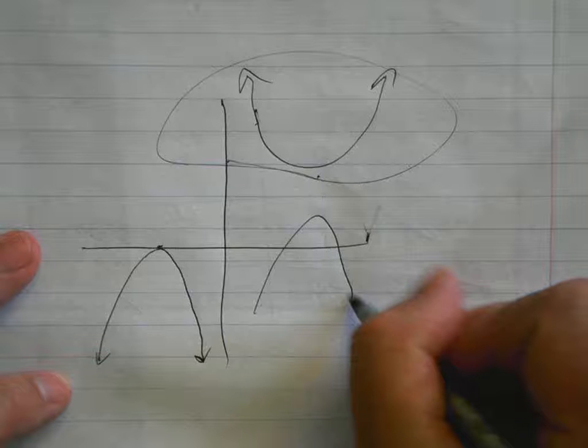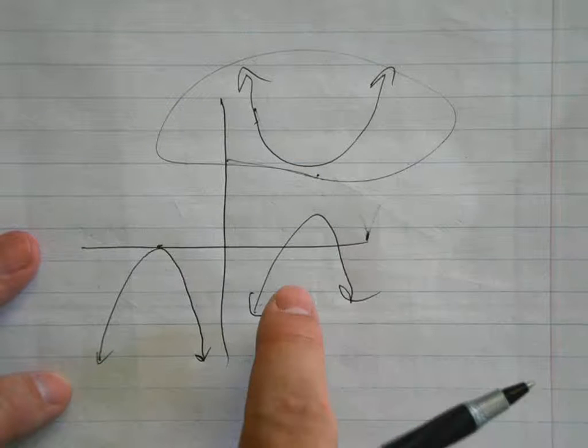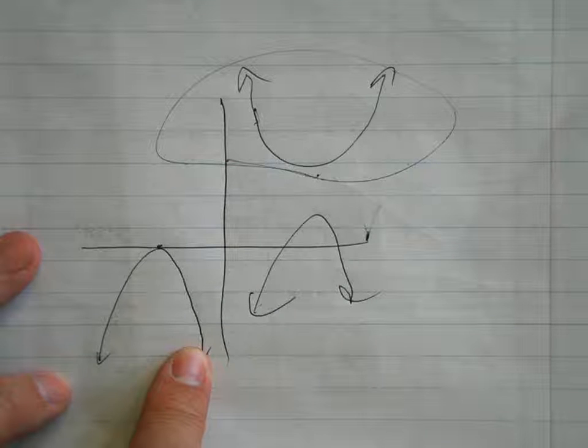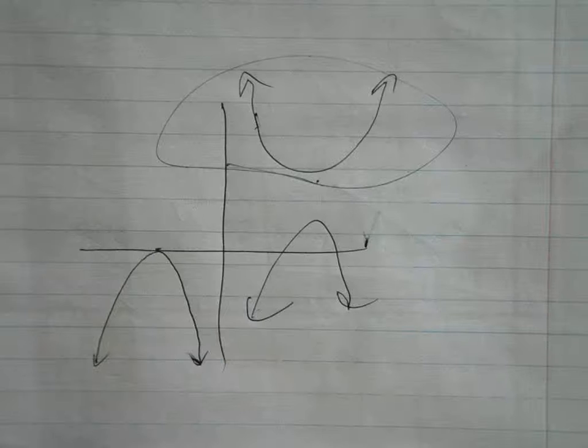Is there any way this shape is going to cross that x-axis more than 2 times? No matter how you move it or flip it or turn it around, it's going to cross at most twice. It could cross no times, 1 time, or 2 times.